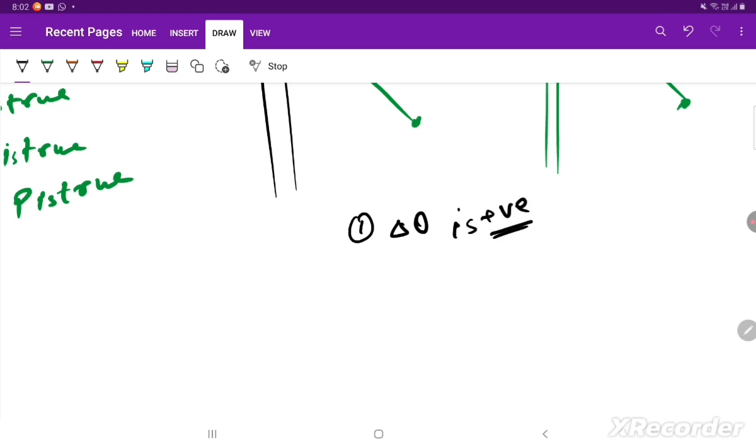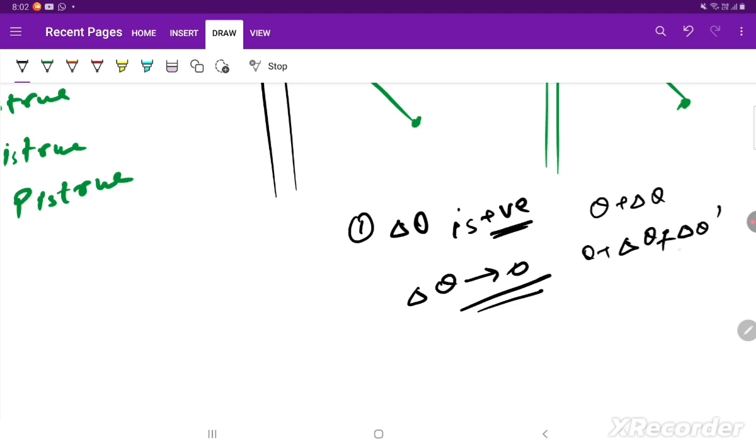Now what happens is that theta will try to increase and increase. Since it's a long time, it may happen that later delta theta tends towards 0. Then we'll get some steady state, and we want that. Or another thing can happen, that delta theta is constantly positive, then theta plus delta theta, then theta plus delta theta plus delta theta dash in the n plus 2 turn, and so on.